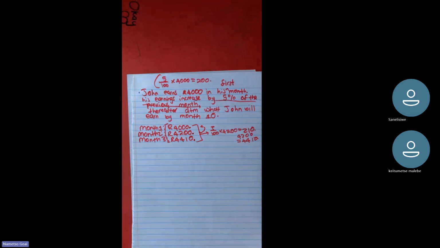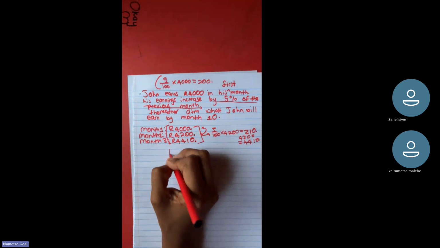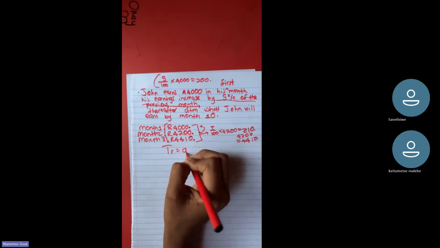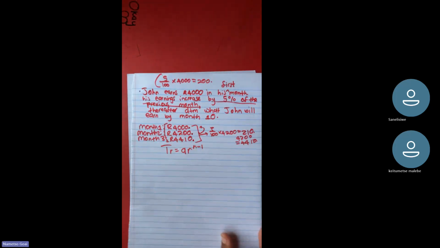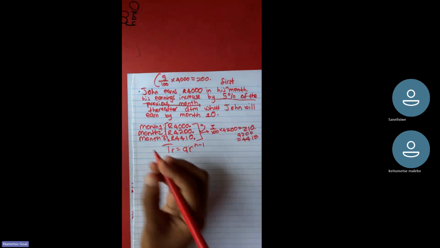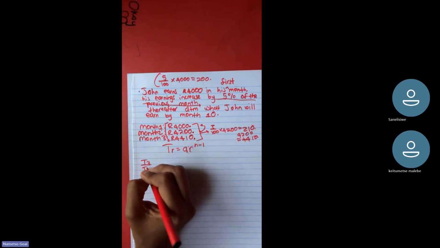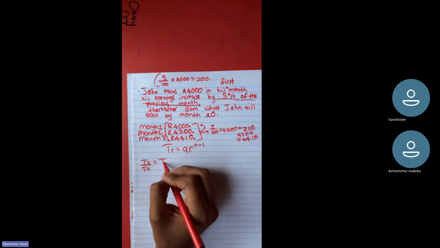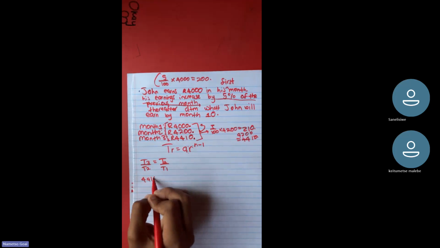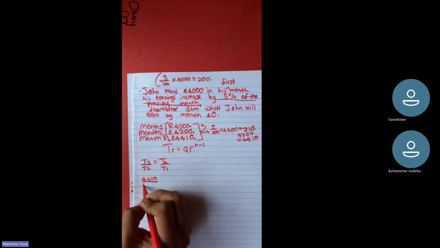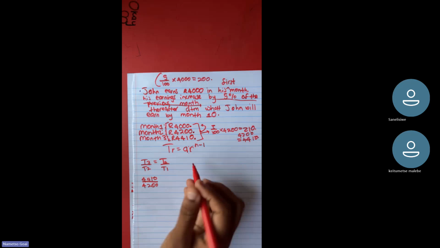Right. So now remember, this is a geometric sequence question. So which means it'll take the form Tn equals A R to the power n minus 1. So firstly, let's try and calculate what the ratio is. Remember, we said T3 divided by T2 should just be the same as T2 divided by T1. Right. So for T3, we have 4,410 divided by what is our T2? 4,200.